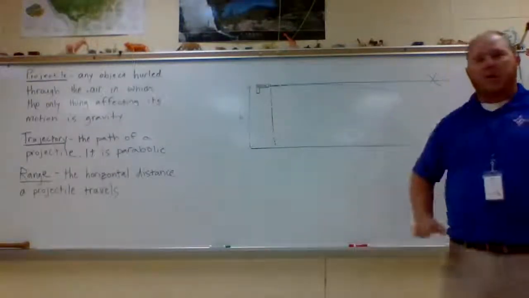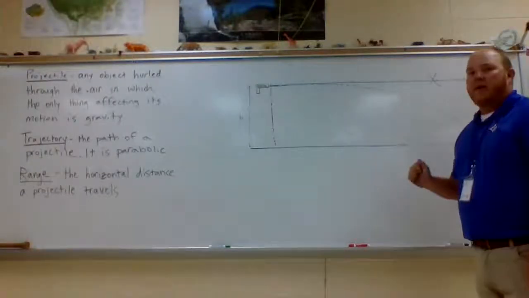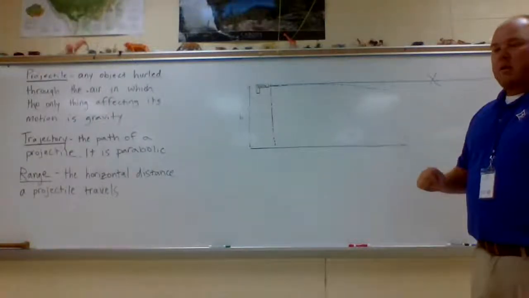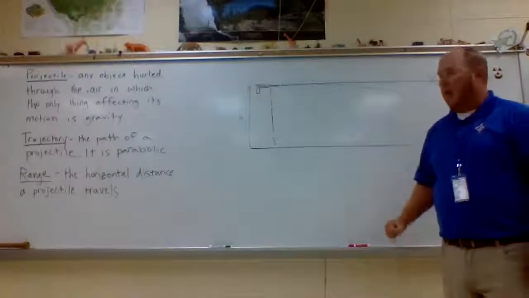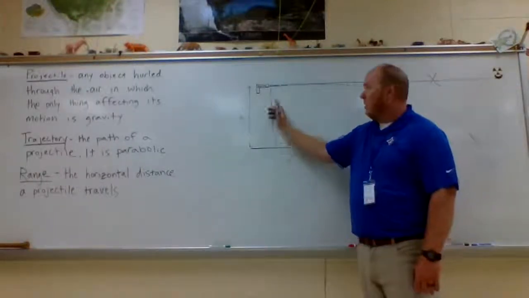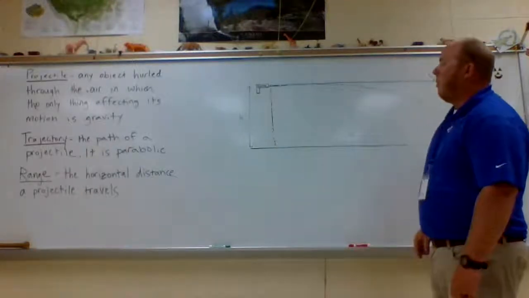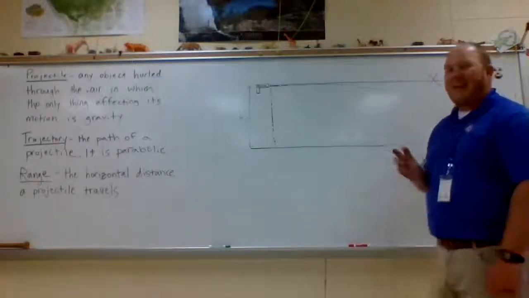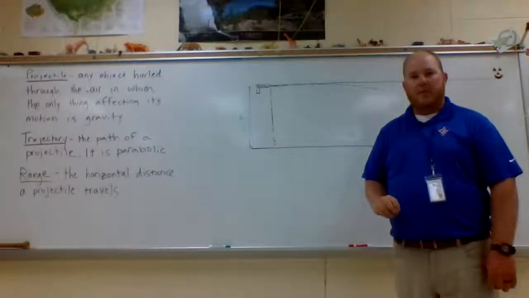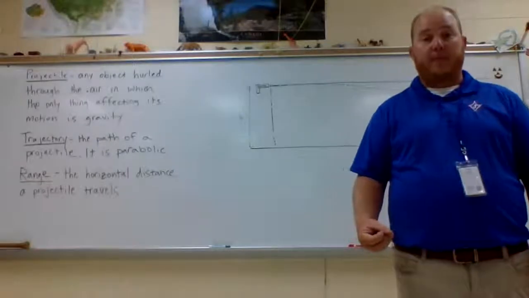So think on that question for just a second. Which one hits the ground first? Now, you might be quick to say it's the red one, because it doesn't have that far to go. But in actuality, that's not what happens. So what I want you to do now is go ahead and pause the video.